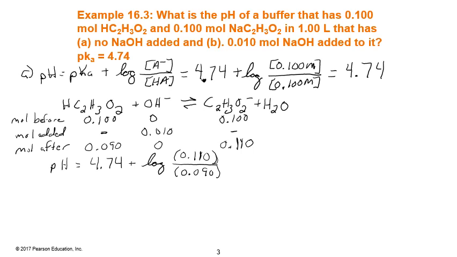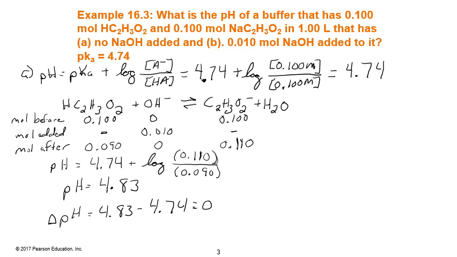We've got more of the basic form than the acidic form, so we would expect the pH to increase. Our pH is 4.83. So the change in pH is 4.83 minus where we started before we added any base, so our pH has increased by 0.09 pH units.